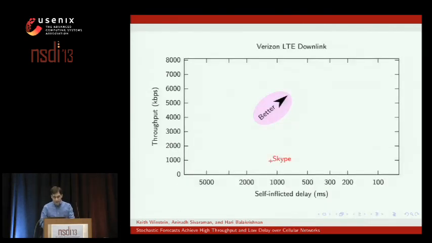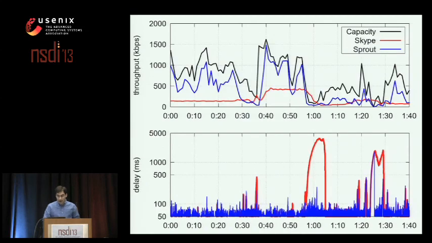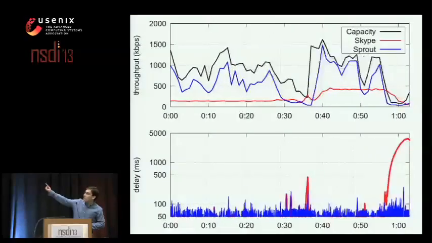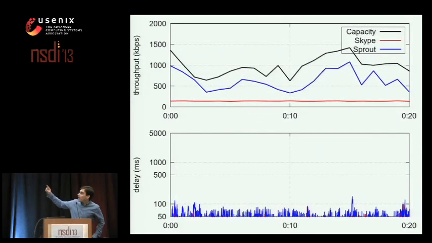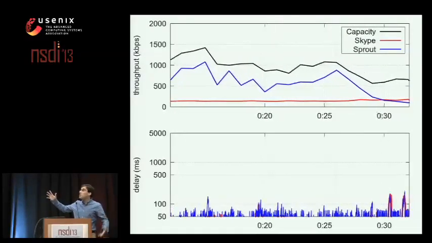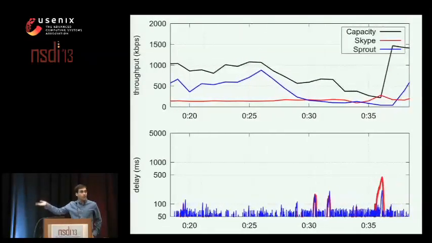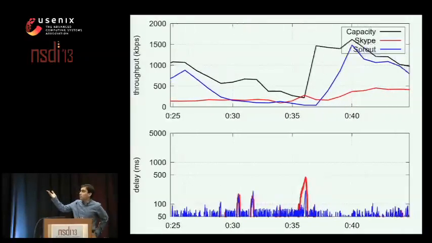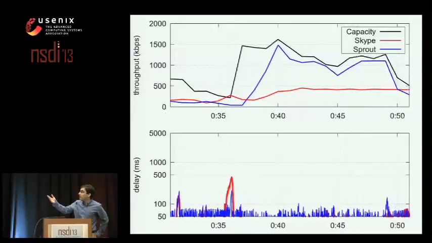All right, so how well does this scheme do? I showed you that trace again with Skype. Let's look at it with Skype and with Sprout. So still the black line on top is the capacity of the network. The blue line is now our algorithm, Sprout. And as you can see, we do a much better job profiting from when the network is good. We get more throughput that we can make available to the application.